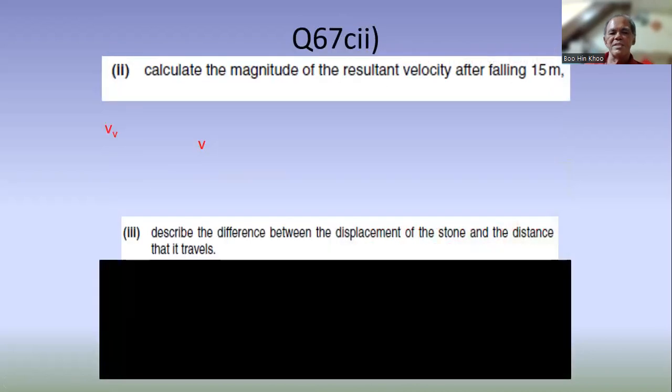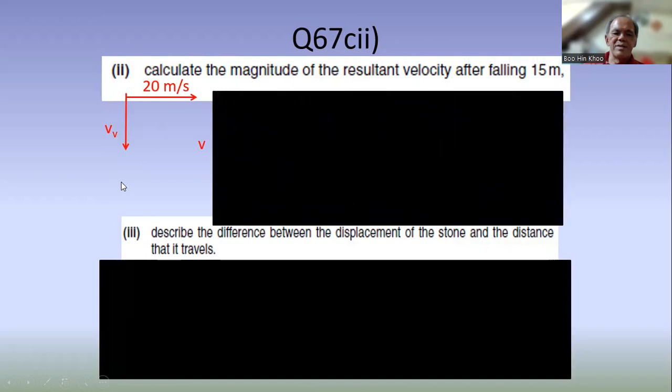Calculate the magnitude of the resultant velocity after falling 15 meters. Okay, so the initial horizontal velocity doesn't change, whether initially or finally. And the final velocity, that is what we have to find, the y component. When we reach the ground, we calculate the vertical velocity.